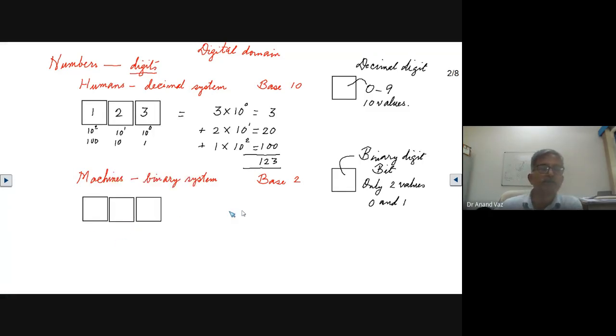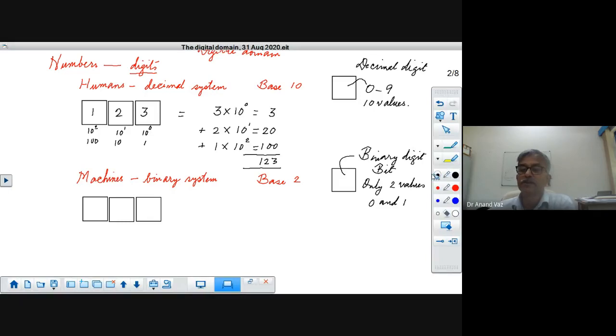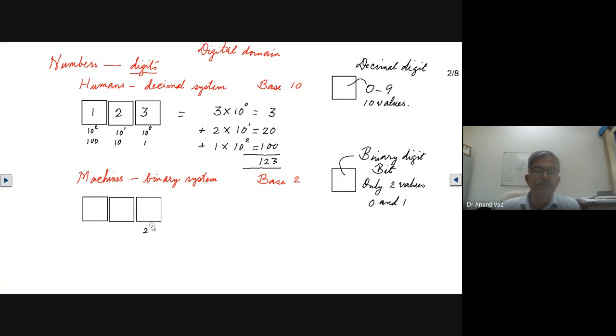So here we have the boxes, the digits corresponding to the binary system, and here the base is also different. So here we have 2 raised to 0. Here we have 2 raised to 1.